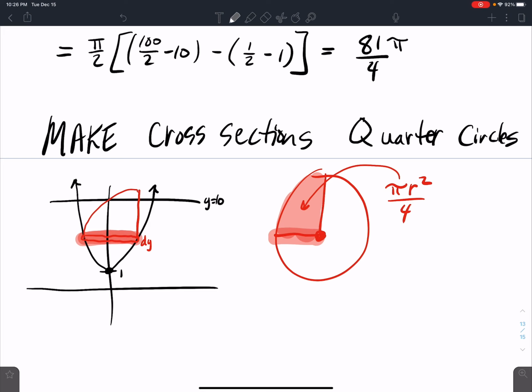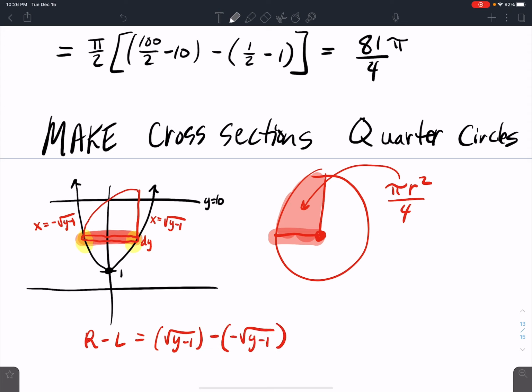Well, remember, we said this was x equals square root y minus 1, and this side was x equals negative square root y minus 1. So aren't they going to cancel? Well, let's see here. It's right minus left. So right minus left gets me square root y minus 1 minus negative square root y minus 1. And so that ends up giving me 2 square root y minus 1 for that radius.